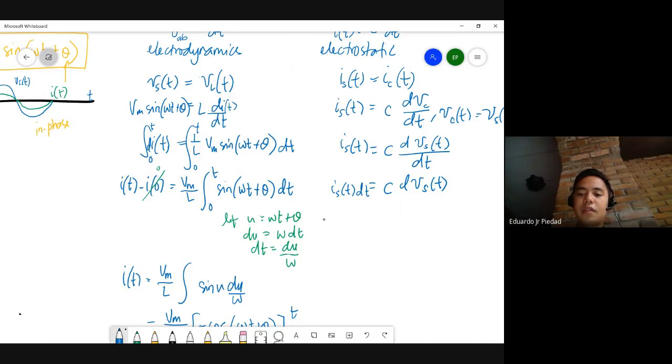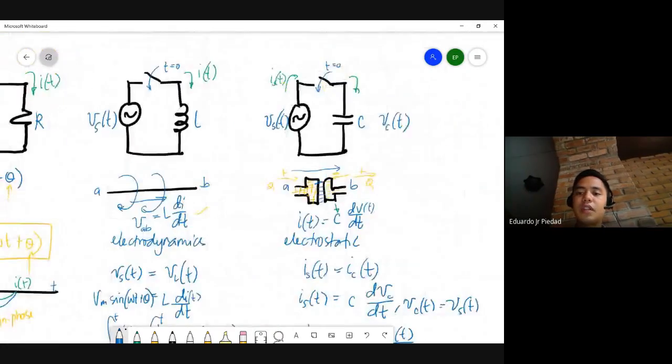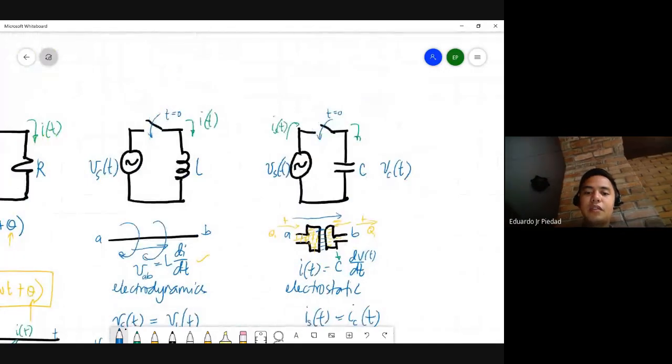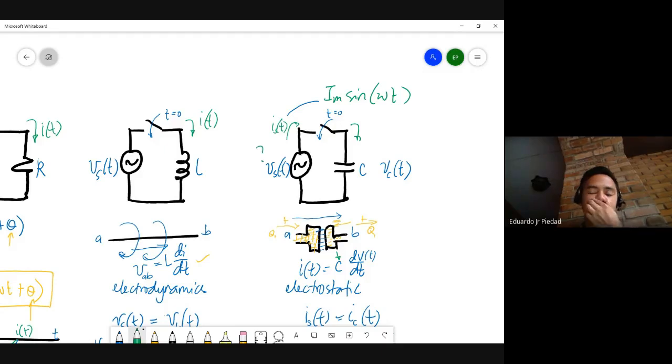So we have Vs of t is equal to 1 over C integral of Is of t dt. Okay, so just go back to the original plan. We're given the current source, which is Im sine wt, so our voltage is unknown in this case.